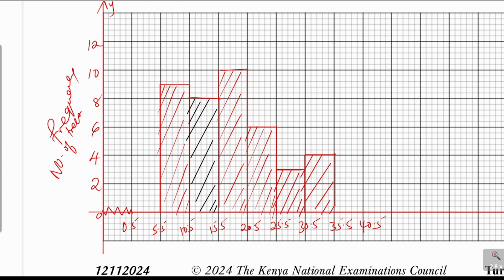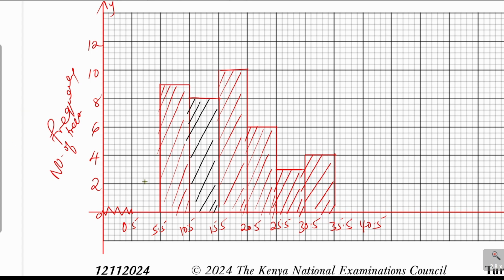So for example, look at the first bar. You draw a straight line joining the midpoint of the top of each bar. Look at the top of each bar, then look at the midpoint of the top of these bars. So you join them using a straight line like this, joining the midpoints of the top of these bars. So that is what you're supposed to do.